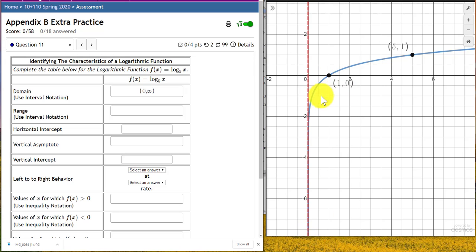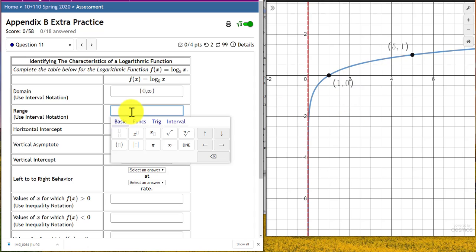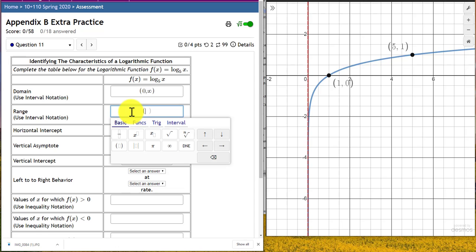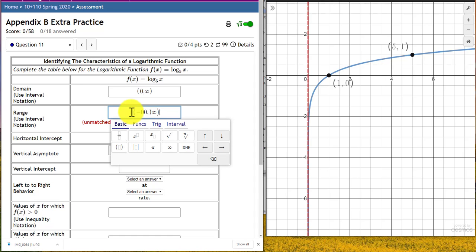They're hidden by the asymptote, but they are there. So the y numbers are going down forever. So the range is all the y's. All these y numbers are part of the graph. So it goes from negative infinity up to positive infinity.